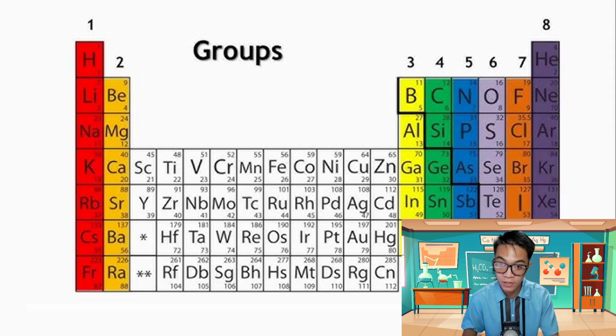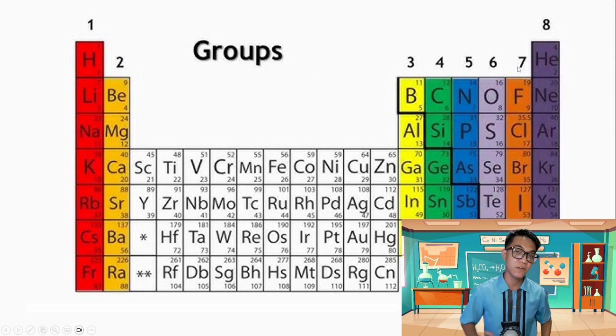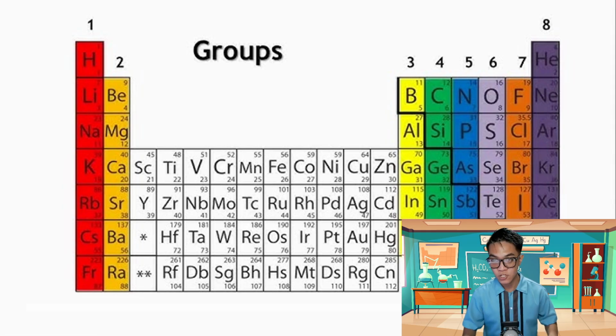It's that simple. If you familiarize yourself with the trends of the periodic table, then you can know that group 1 has one valence electron on its valence shell. Group 2 has two valence electrons. Groups 3, 4, 5, 6, and 7 have those specific numbers of valence electrons on their valence shell.